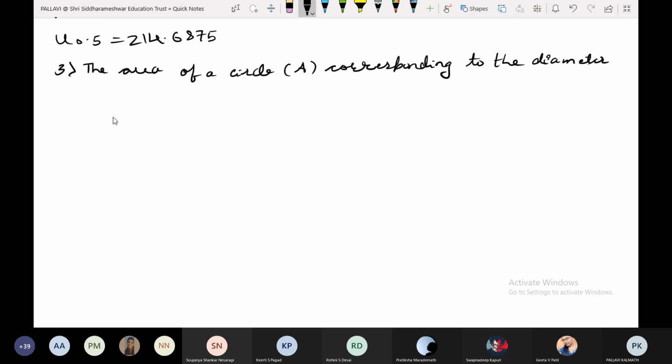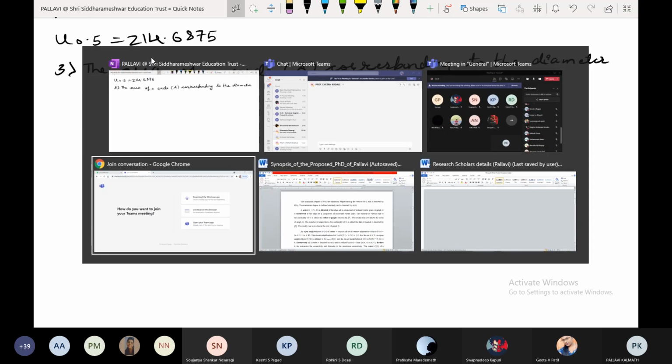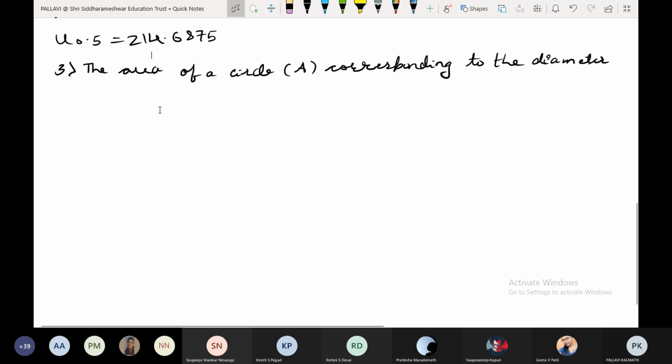Okay. So shall I think that all 49 have understood the example? Yes, ma'am. Okay. So whenever you are feeling there is some doubt, please make that doubt clear. Then we will proceed further.